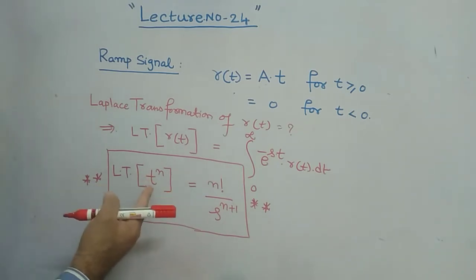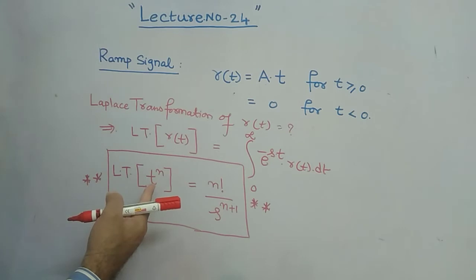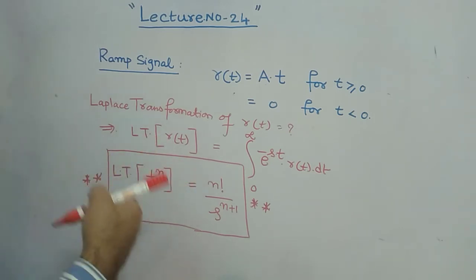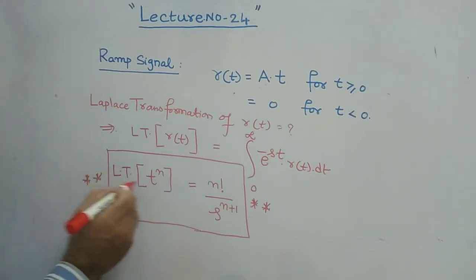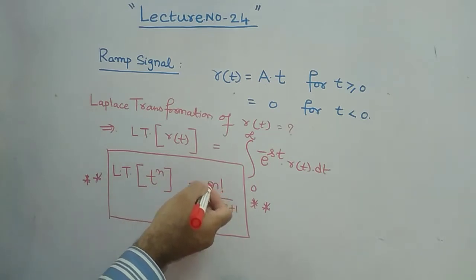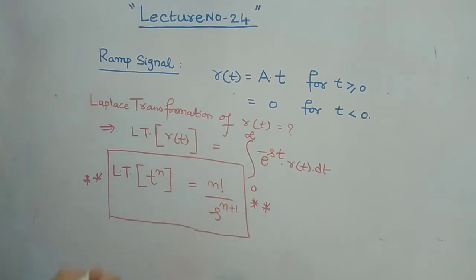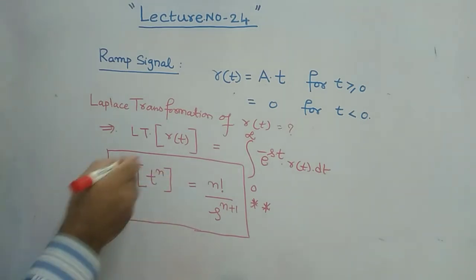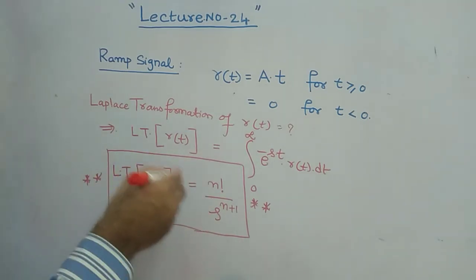You can expect this t power n, or they will give you some other function. So the Laplace transformation of t power n is equal to n factorial by s power n plus 1.